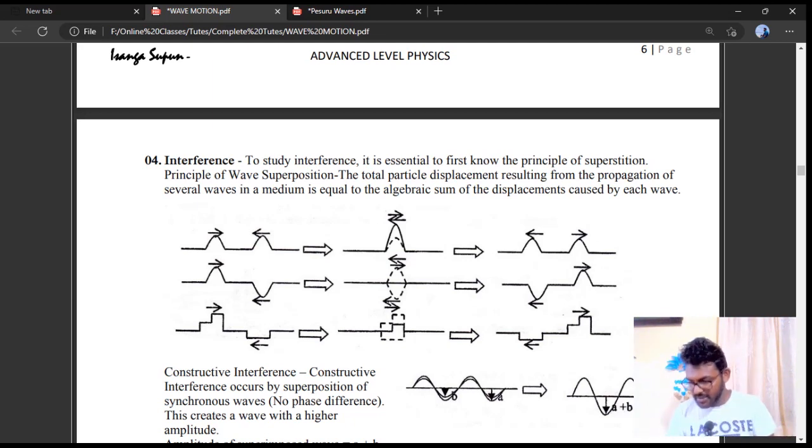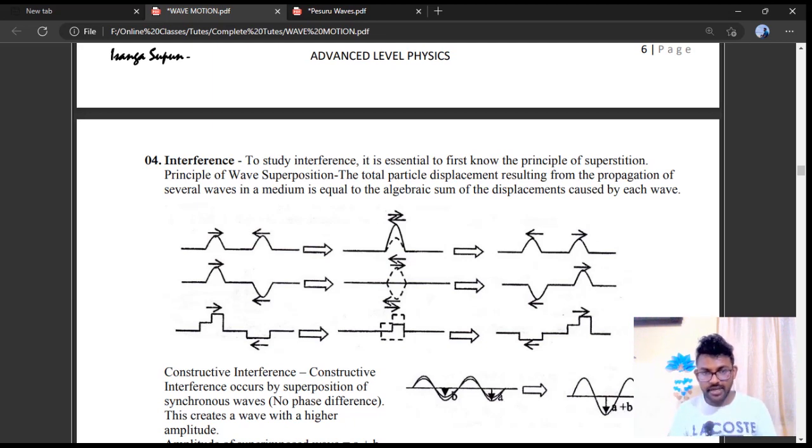Let's say that stretched string, the particles here are trying to go up, and the other wave that I'm sending also tries to displace the particles up. Then what happens, they meet together, then it creates a wave pulse having a higher amplitude.